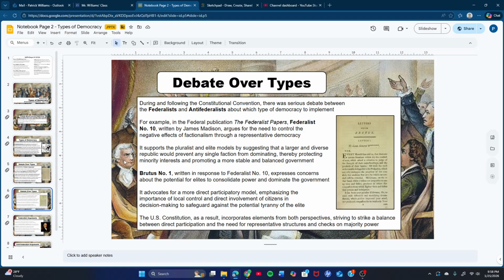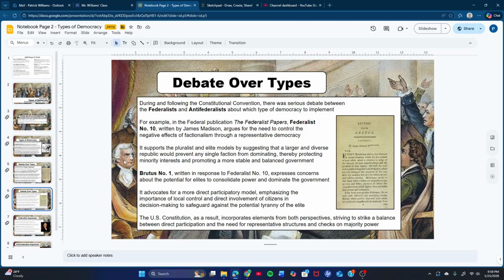But in a really, really large republic with representation, you get so much diversity that factions have no choice but to check each other. And representatives can filter out dangerous passions or people who have dangerous opinions.